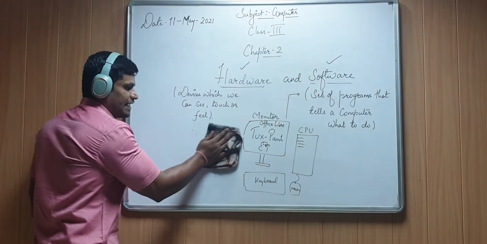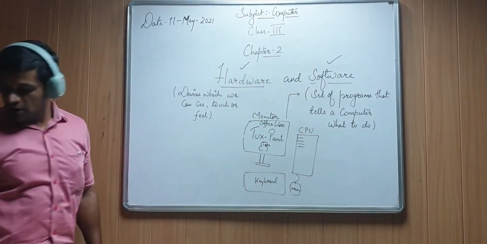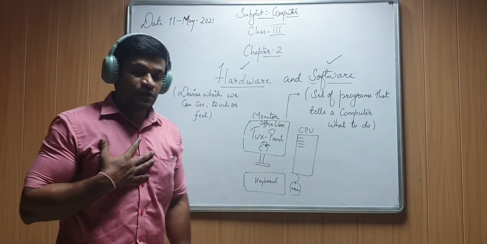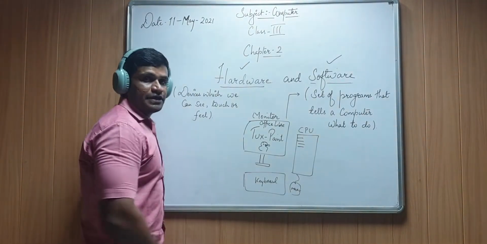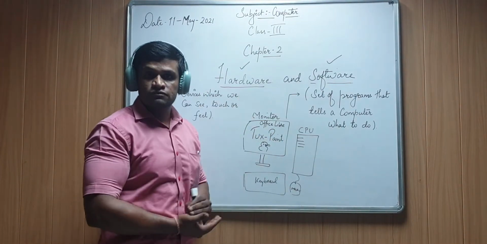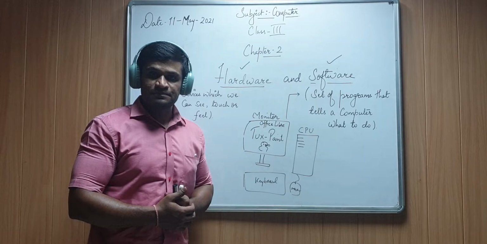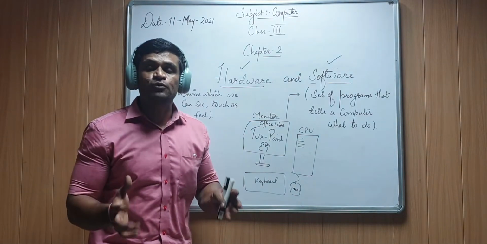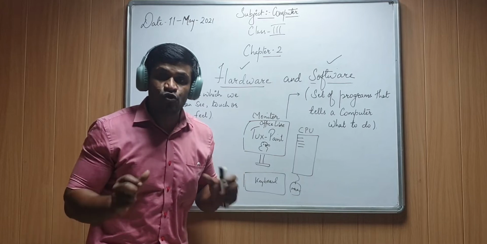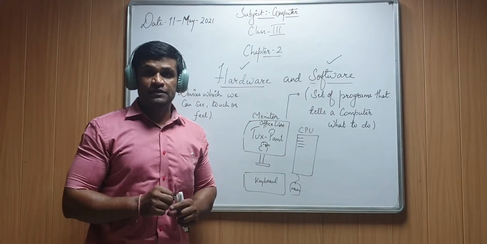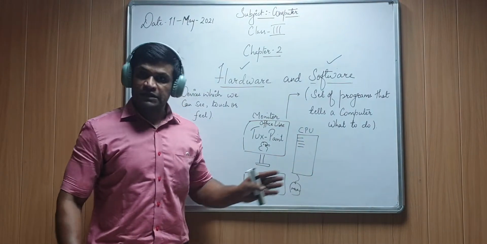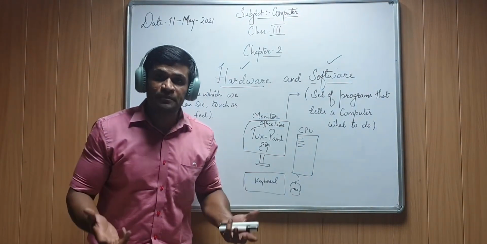Now, as I mentioned, hardware is the devices which we can touch. Monitor I can touch. On the monitor, I see the output. I mentioned in the previous class that the monitor is an output device on which we can display the output, we can see what is happening in the computer. On the CPU, do we display? No. What does the CPU do?